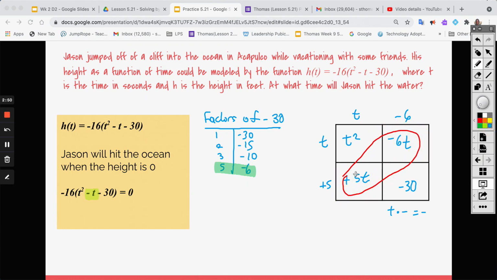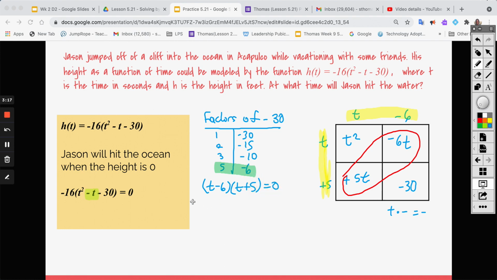All right, so the factored form of the expression is going to be what is generally given on the outside, which is our t minus 6 and our t plus 5. So when we write it, it's going to be t minus 6 times t plus 5 is equal to 0.